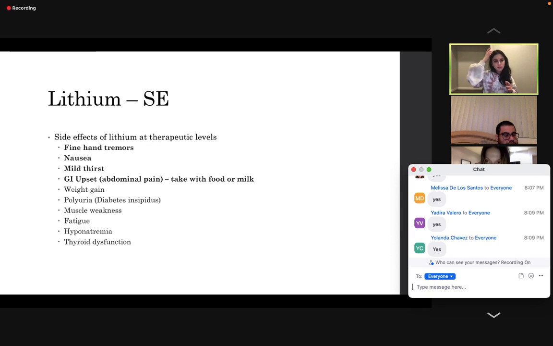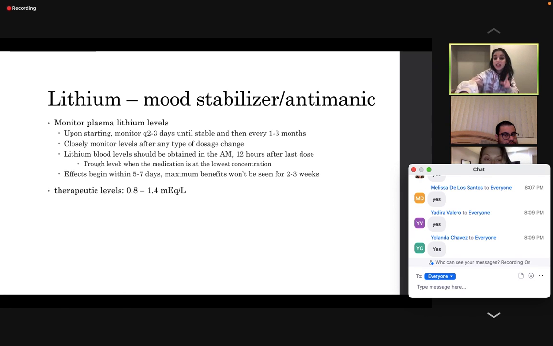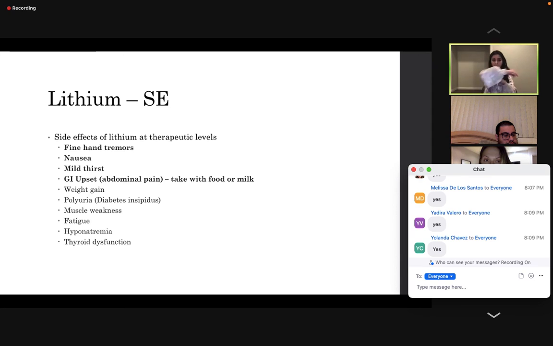Now, side effects at therapeutic level. At 0.8 to 1.4, you're going to see fine hand tremors, nausea, mild thirst, GI upset. So you take lithium with food or milk. If my patient is between 0.8 to 1.4, I don't care about these symptoms.